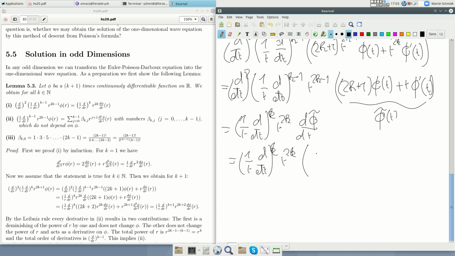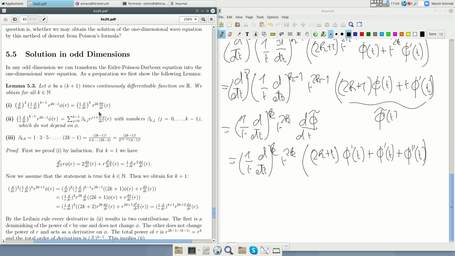This is clearly (2k plus 1) times phi prime of r, plus, and here we get another phi prime of r by the Leibniz rule, plus phi double prime of r. Okay, and now we want to see whether this is this expression here.